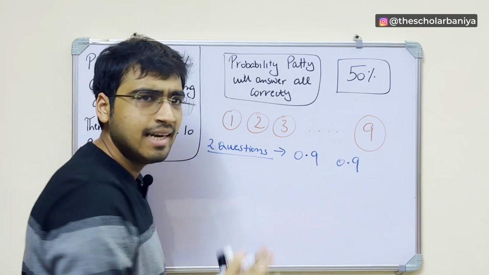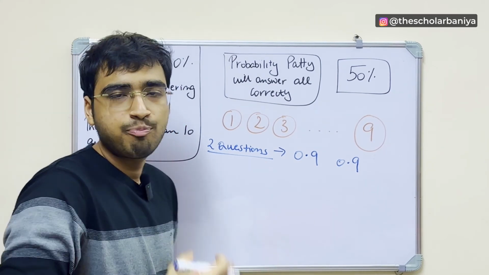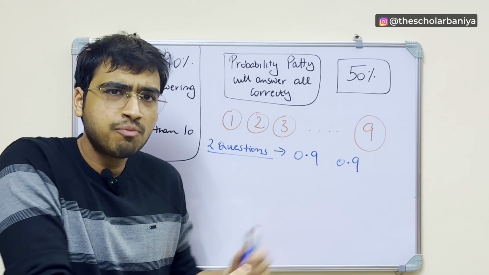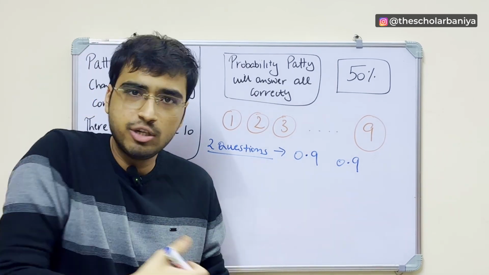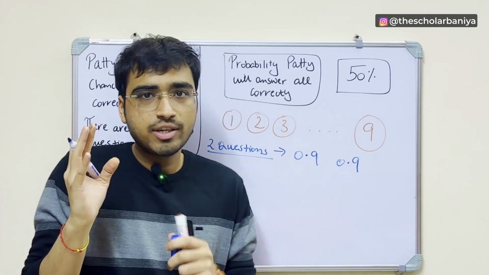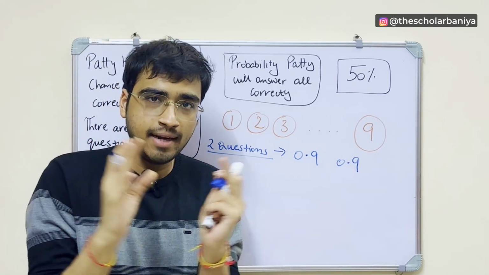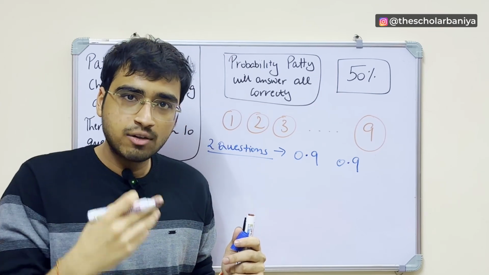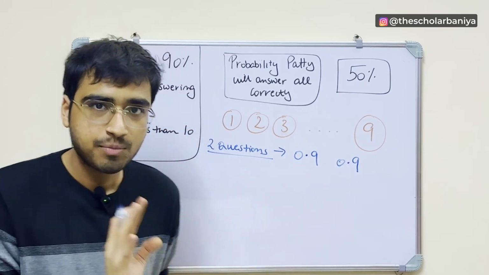And these are independent events, right? Because if Patty gets the first answer correctly, there is no relationship with the second question. She might or she might not get the second question correctly. What I mean is, the first question and the second question both are independent events, right? And when the events are independent, to calculate the probability, we multiply, right?